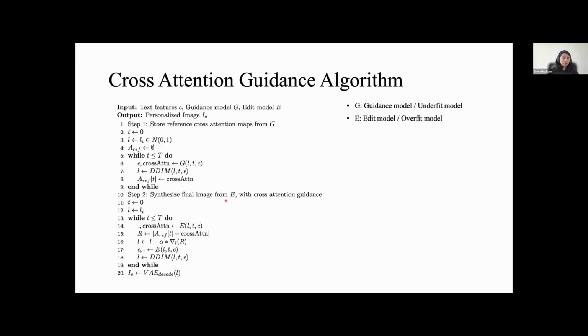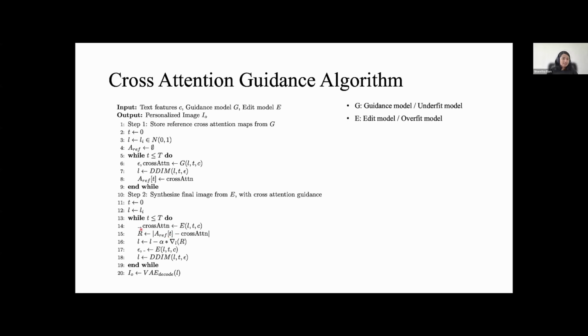Then finally, in step 2, we synthesize the actual image using our edit model, which is our overfit model. This is where we do cross-attention guidance. So what we do is we start with the same initial latent, and at each step of this diffusion process, we enforce our current cross-attention maps to be close to our reference cross-attention maps for that time step.